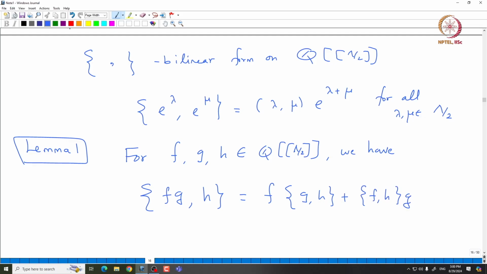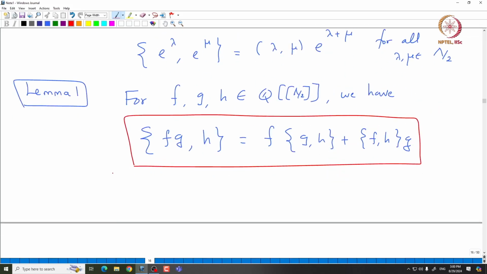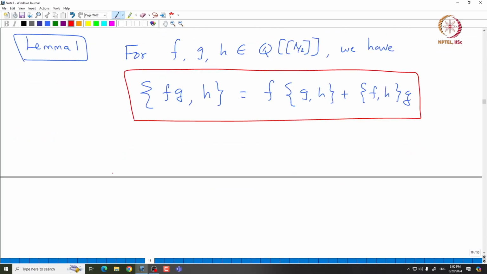This is something we will use later to compute what happens if you take the product of S_ρ with some e^γ. To do this, it is enough to consider H being some e^λ.